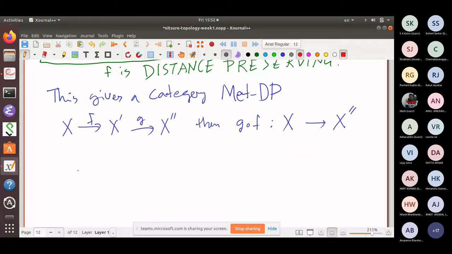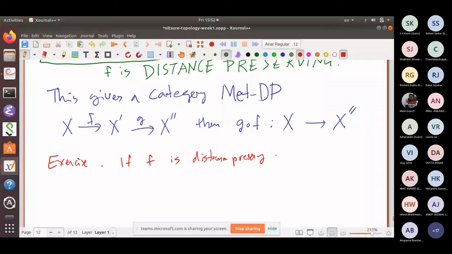Exercise. If F is distance preserving, then F is injective.